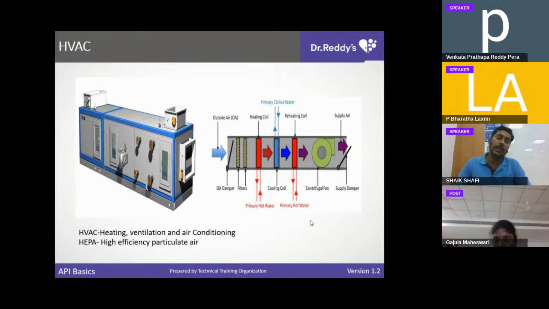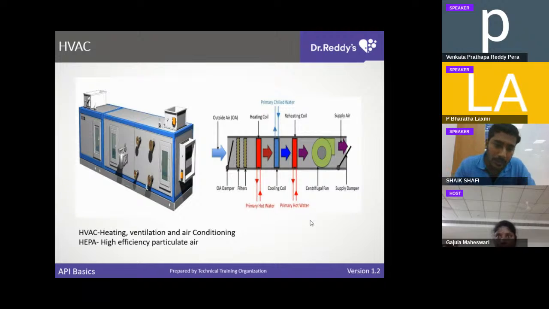Once air comes inside, there are 10 micron filters, so particles in the air more than 10 microns will stop here. Then the cooling coil. In summer the air will be at 40 to 43 degrees, so it reduces to below 25. Then it passes through the blower and goes inside through the HEPA filter.